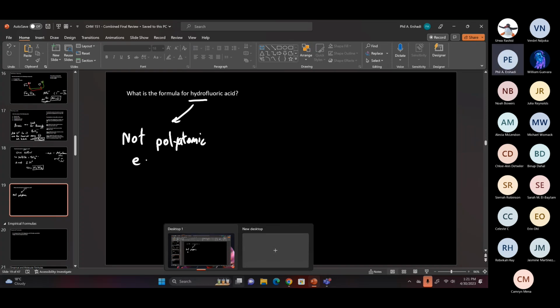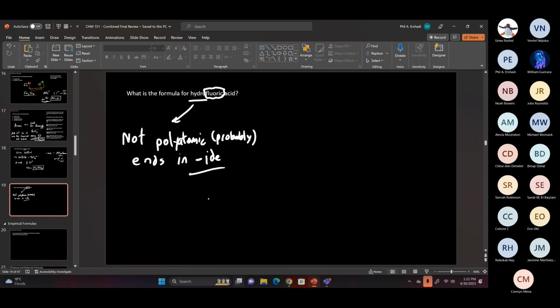And it also tells you that whatever you're doing ends in IDE. I'll note that it's probably not polyatomic. There are a couple that are, but for this class, I don't think you'll see them. And then fluoric. What element would be denoted by fluoric? And what charge would it be? Again, don't check for polyatomic ions here.